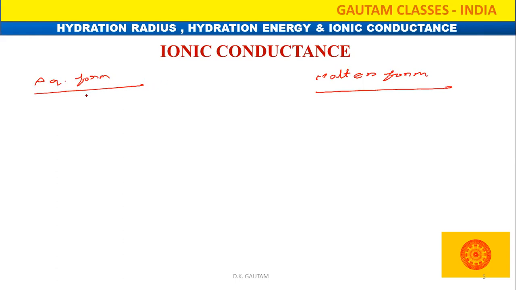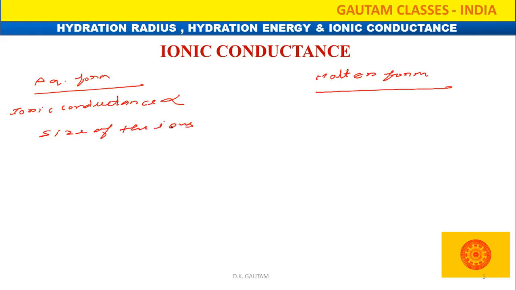So look here, in aqueous form, ionic conductance is directly proportional to the size of the cation or anion. So in aqueous form, ionic conductance is directly proportional to the size of the ions.